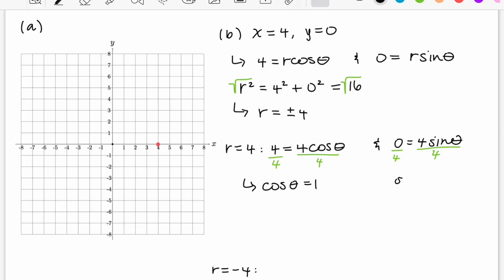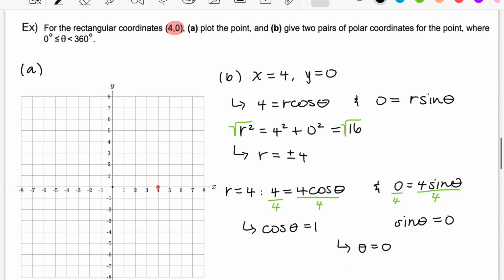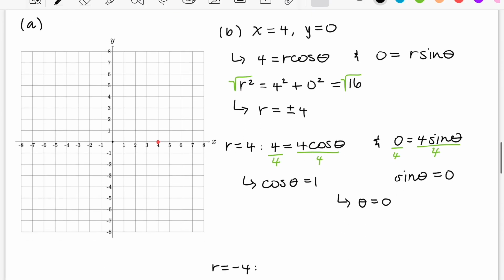Similarly, on this side, we end up with sine theta being equal to 0. So we need cosine theta to be equal to 1 and sine theta to be equal to 0. Well, this only happens when theta is equal to 0. So one pair of polar coordinates for this point would be (4, 0 degrees), 4 being our value for r in this case, and 0 degrees our value for theta.